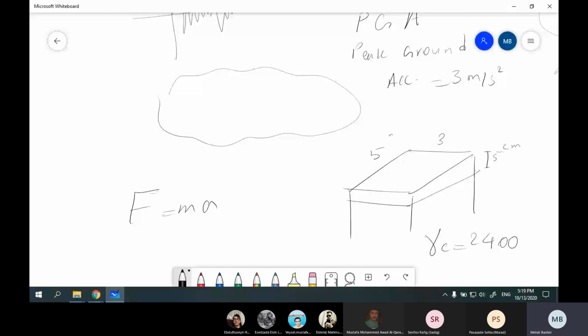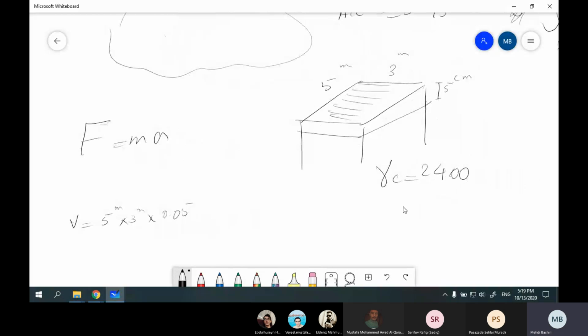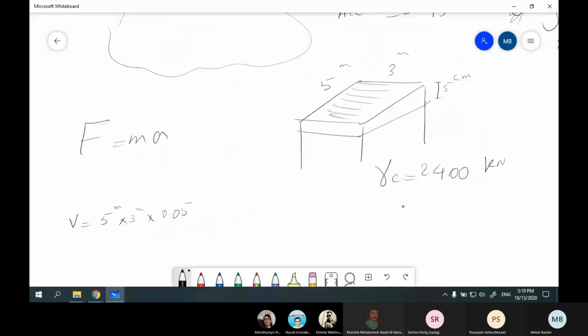If I ask you how much is the weight of this floor, we can say that the volume is 5 meter by 3 meter by the thickness, 5 centimeter. This is the weight, kilonewton per cubic meter.